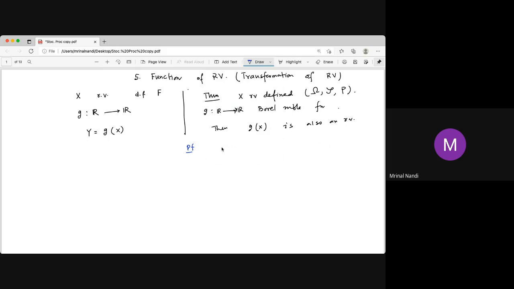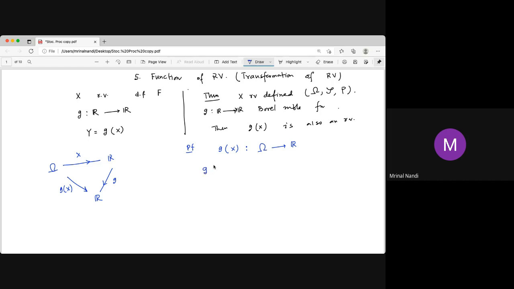Remember that X is from Omega to R, and g is from R to R, which means the composite function g(X), g composed with X, is from Omega to R. So what do we have to show?